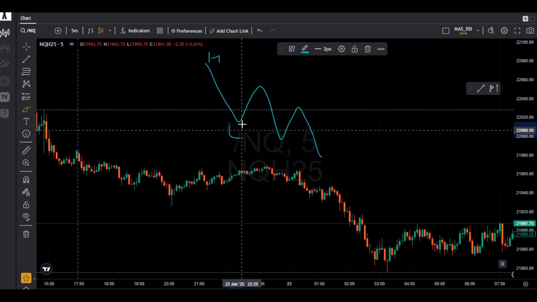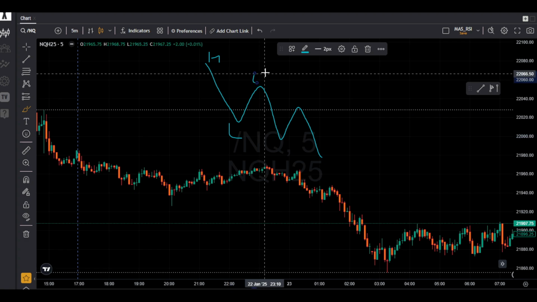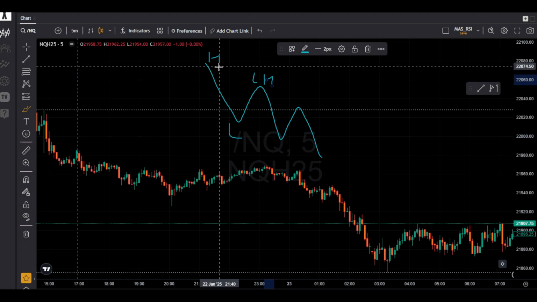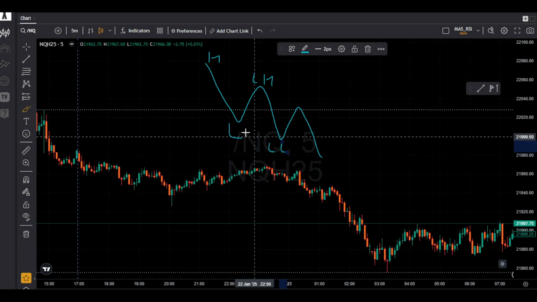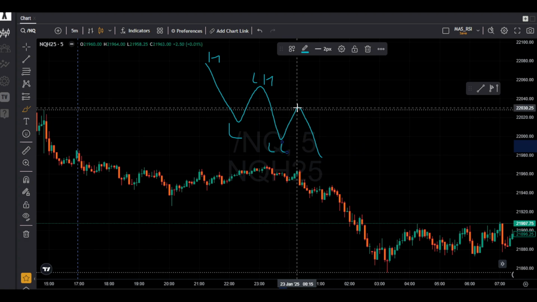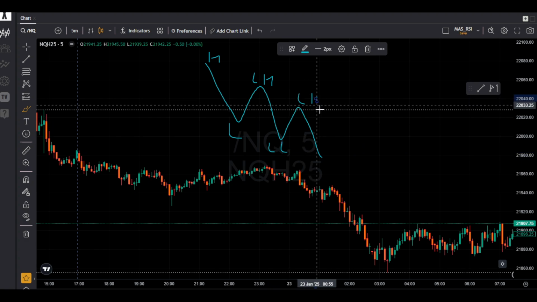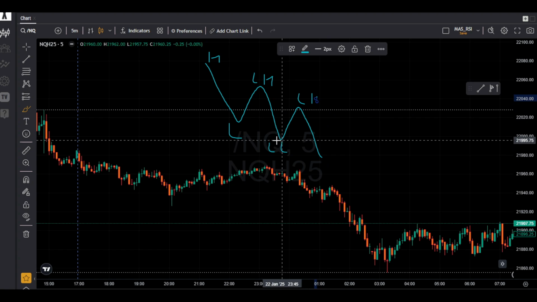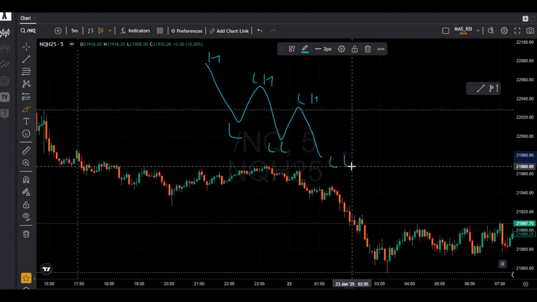From here it created a low. Then a lower high, since this was the high. Now it made another lower low. Then it created another lower high and broke this lower low, so we'll mark it as another lower low.